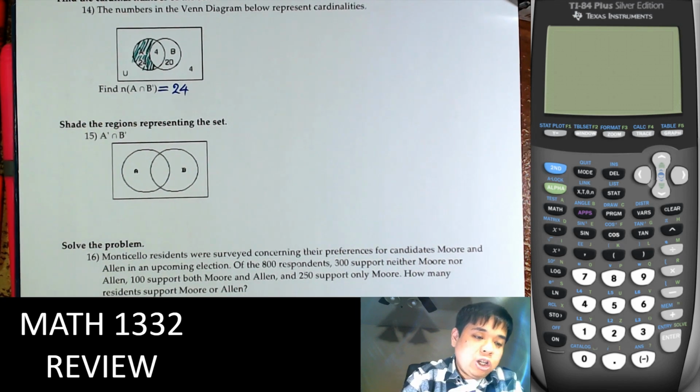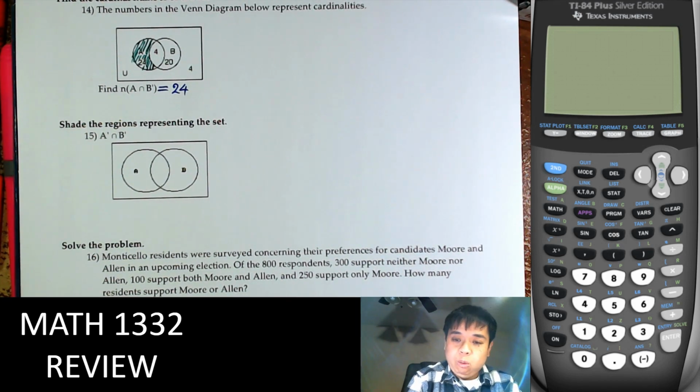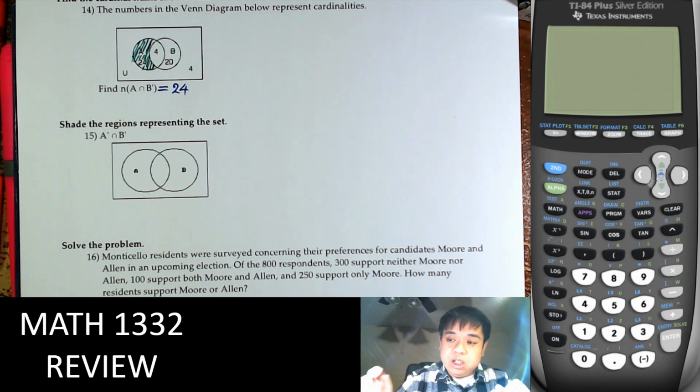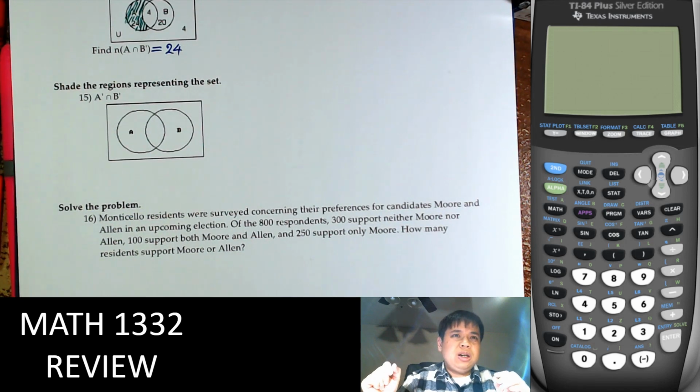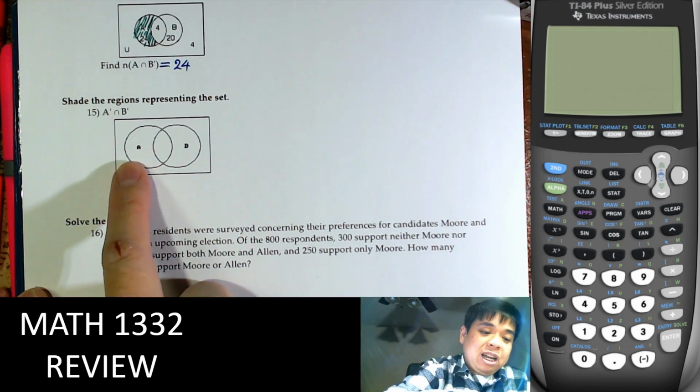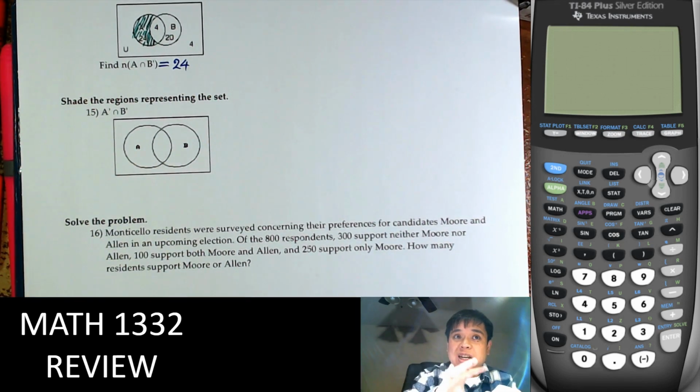Right, next, say the region represents the set not A, not B. Usually if we are a little bit confused by this, we just put letters, either letters, Roman numerals, or numbers. I don't want to put numbers because numbers are usually reserved for the number of members. So let's just use Roman numerals or just letters. We have sets A and B already, so we have to use something different than the capital letter.